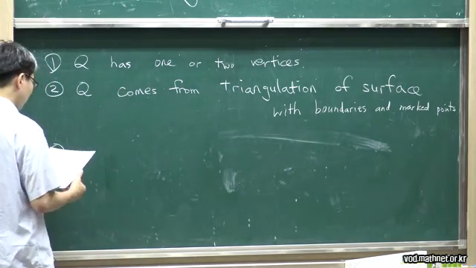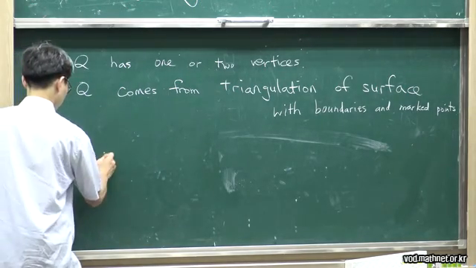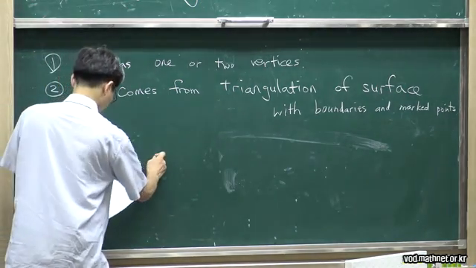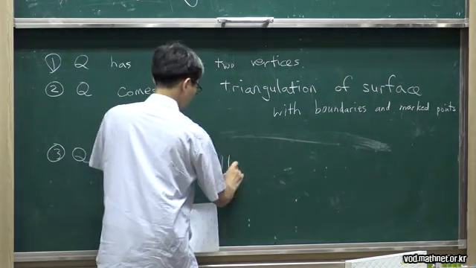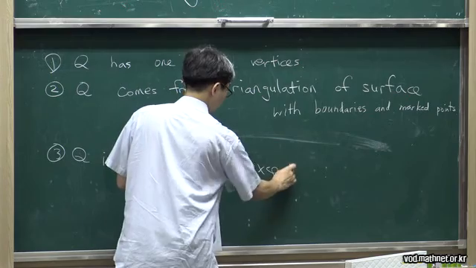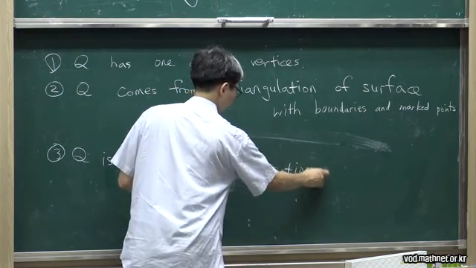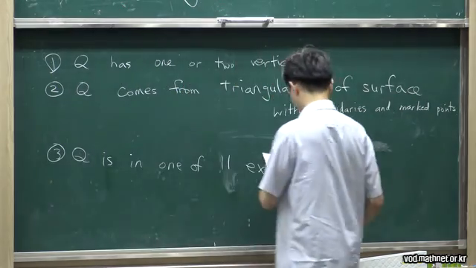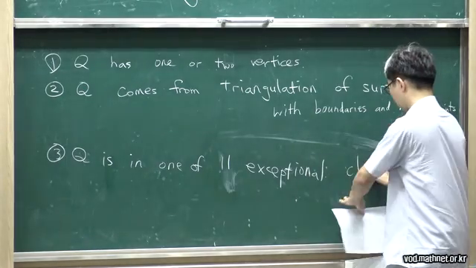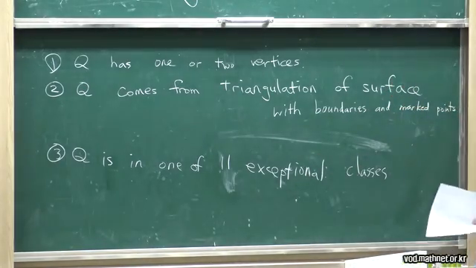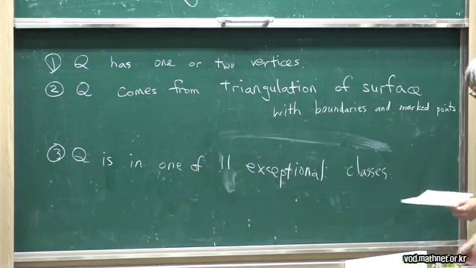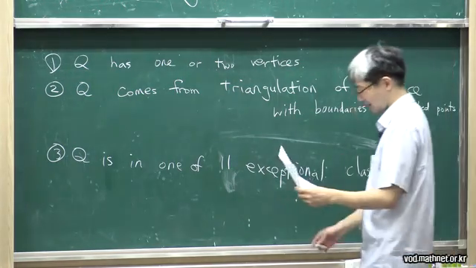And then the third is, unfortunately, there are badly behaved exceptional classes, but there are only 11 classes.